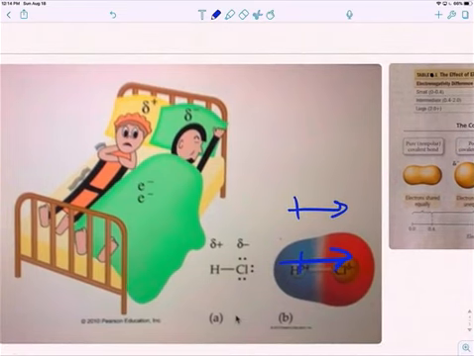So you can see here is hydrogen chloride. It's like if you ever shared a bed with someone who is a major blanket thief. You can see here, hydrogen is chilly. It's got just a little corner of the blanket covering it. Chlorine is sitting there happy and warm with all that electron density.